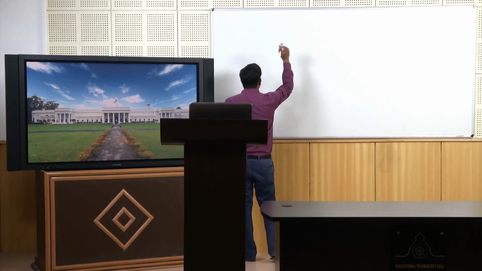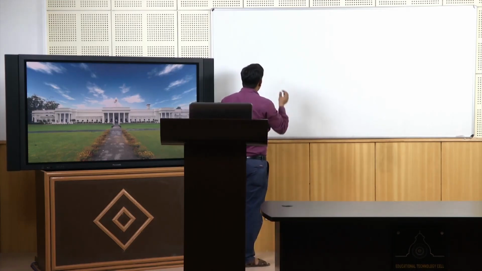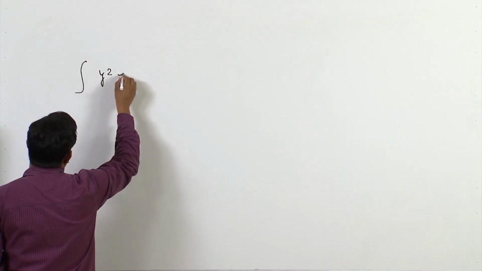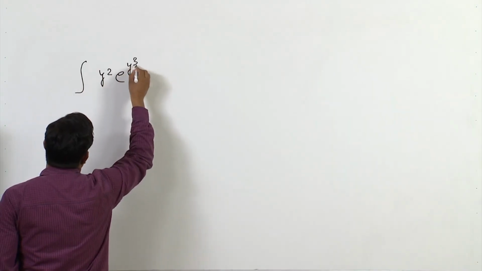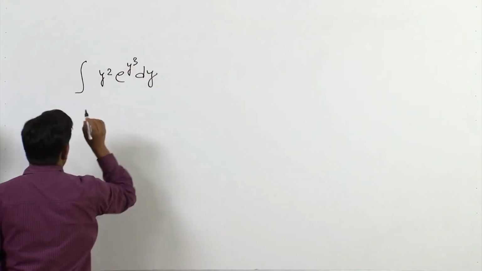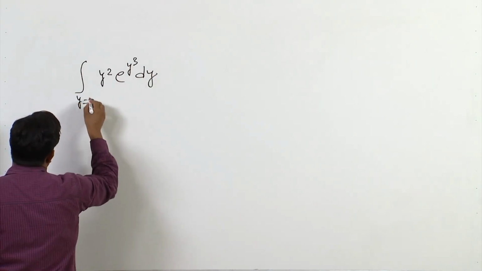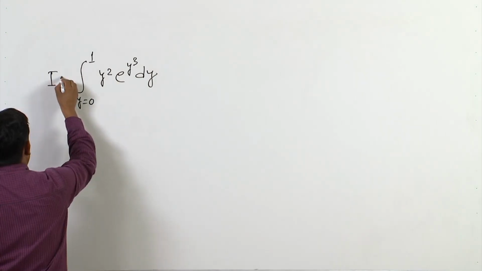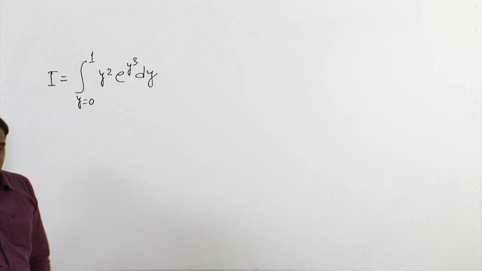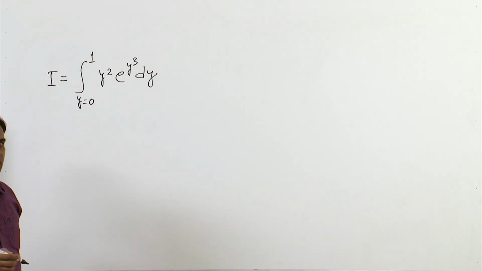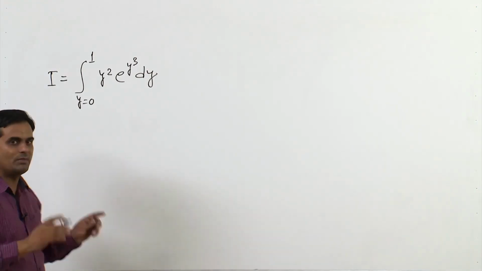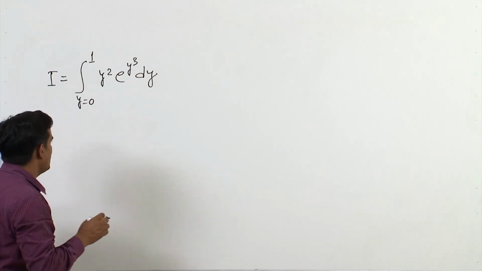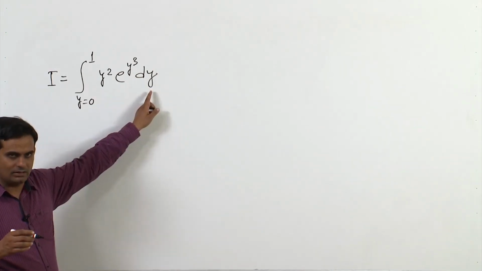First, take a simple example of a definite integral. Suppose I need to solve this particular integral. For solving this integral, what do I need to do? I need to make some substitution. Substitution means I need to change the variable y.